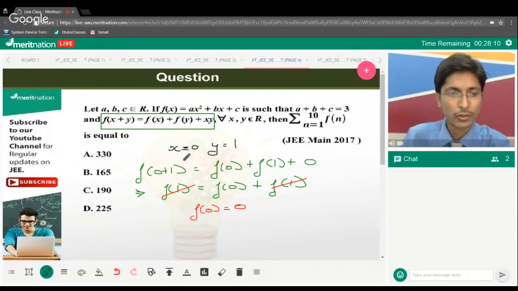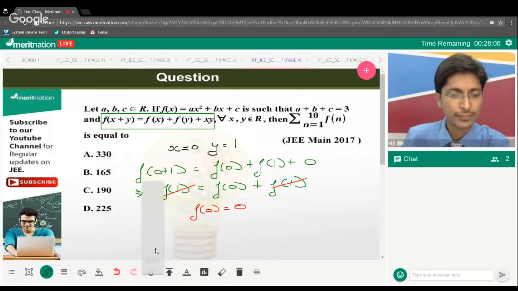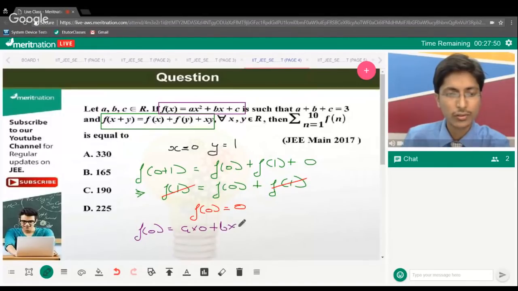So if I put f of 0 in the definition given above, I'll be getting a into 0 plus b into 0 plus c. So that's practically equivalent to c.